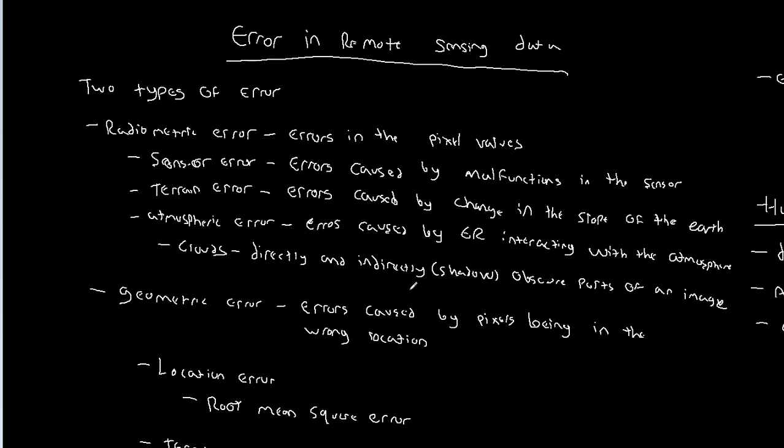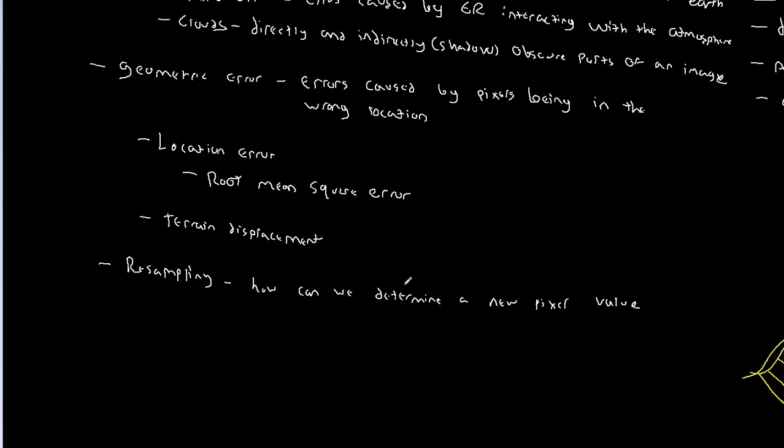So in this video, I want to move our attention towards this idea of geometric error, which we talked about as being times when the pixels were in the wrong location. And I mentioned that there are two sorts of geometric error. There's location error, which is basically where the entire image is in the wrong place. And then there's terrain displacement, which is where objects appear distorted in the image.